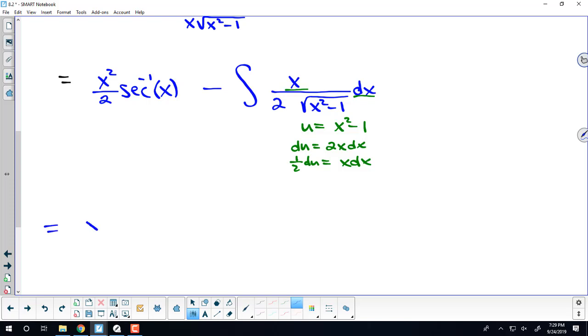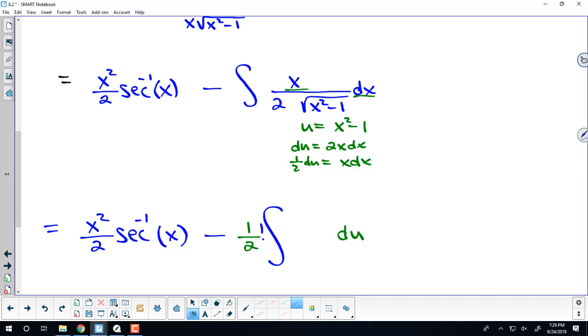So we have this, minus 1/2 our du, the integral. So that's our 1/2 from that integral. We still have this 2 here, so that's that 1/2 originally here. And then our remainder, I guess, is 1/√u.